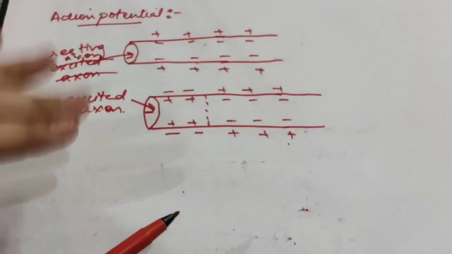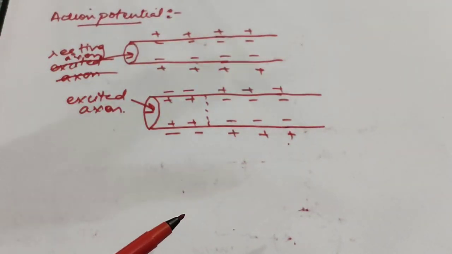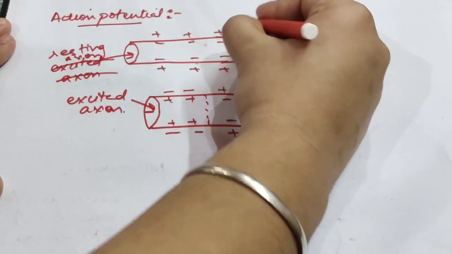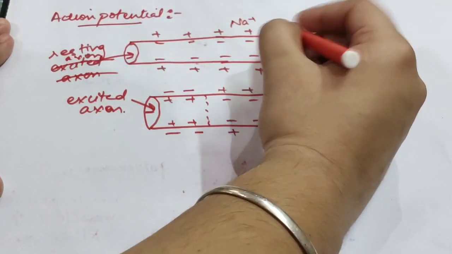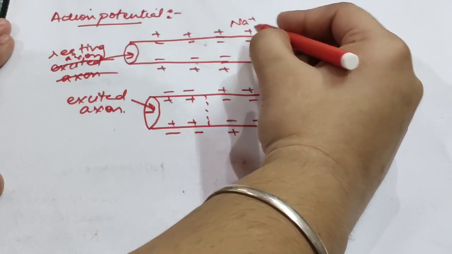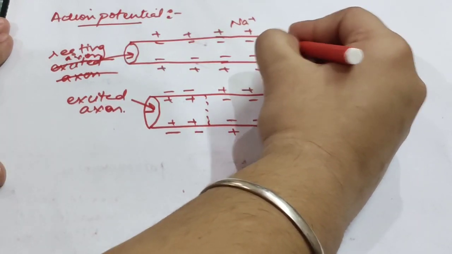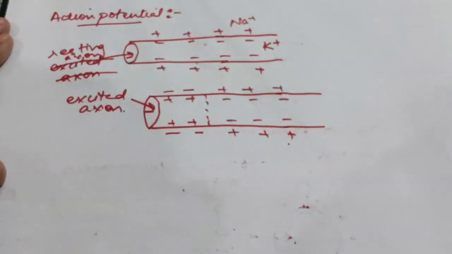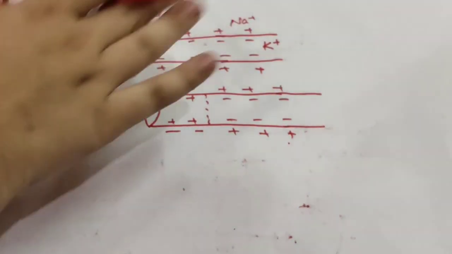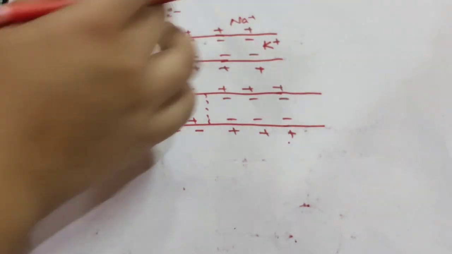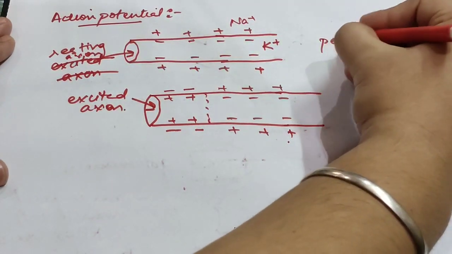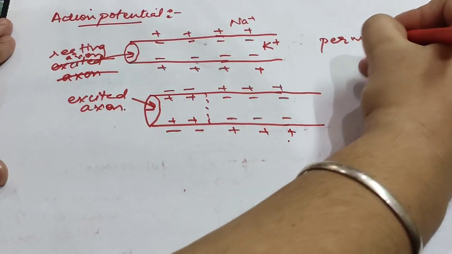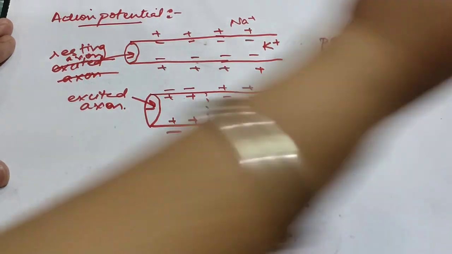So when the inside of the neuron becomes positively charged with respect to the outside, what happens? In the resting stage, the sodium ion concentration outside the neuron is more as compared to inside, whereas inside the potassium ion concentration is more as compared to the outside. In the resting potential, the membrane is more permeable to the potassium ions.